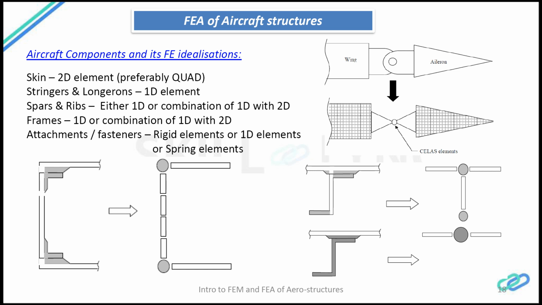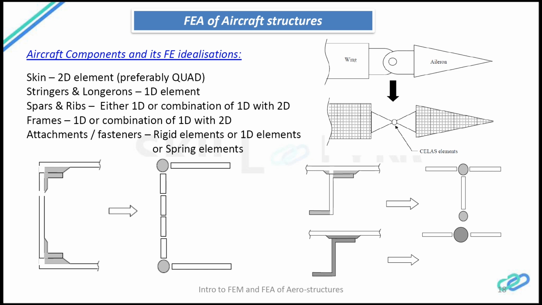Or if it is a series of attachments on a bigger lug, such as on the horizontal stabilizer or vertical stabilizer, then it might be rigid body elements, MPCs, that will be used for modeling those attachments and fasteners.